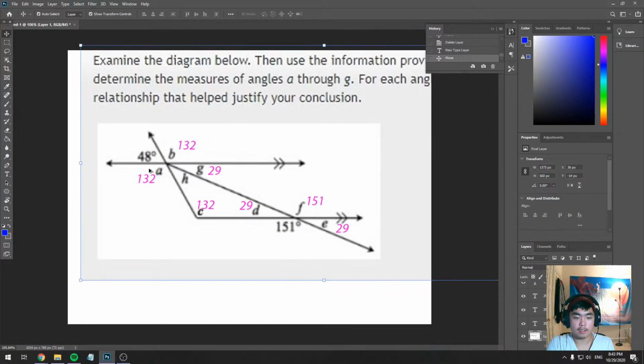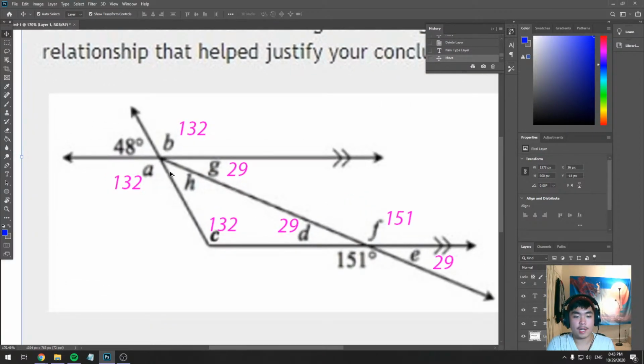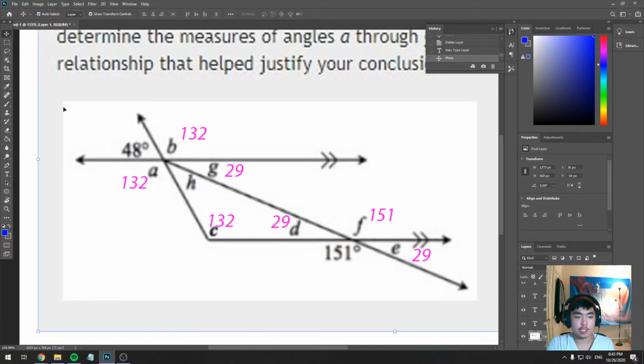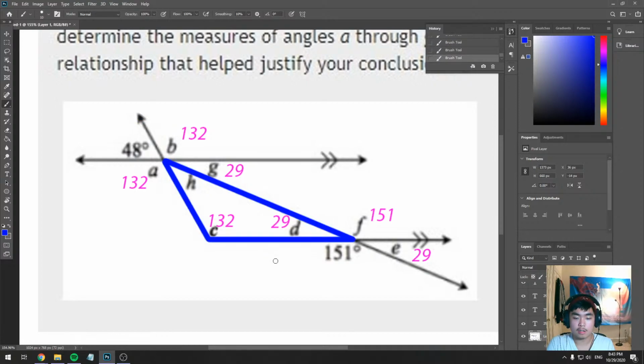All right. So now we have our very last angle, angle H, right? Two ways to solve this as well. So one, you could notice there's a triangle here, and you just got to take 180 minus these two, and whatever is left over is H, right? The other way you could do it is you could go back to our opposite angles talk from earlier.